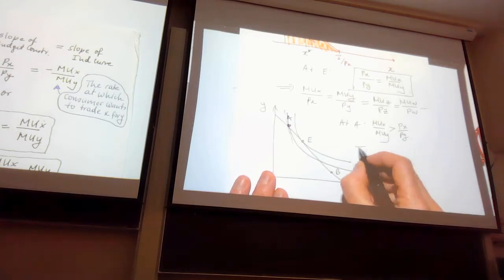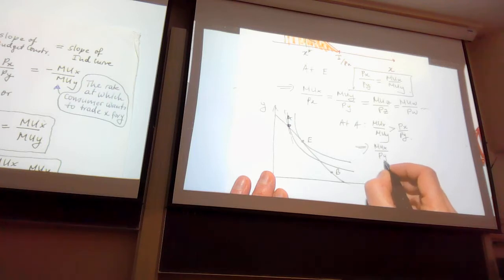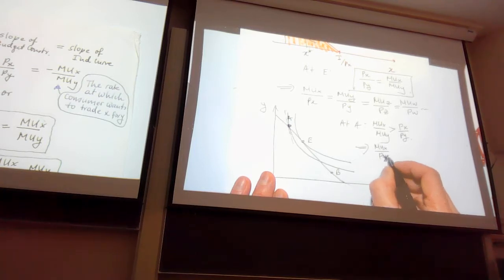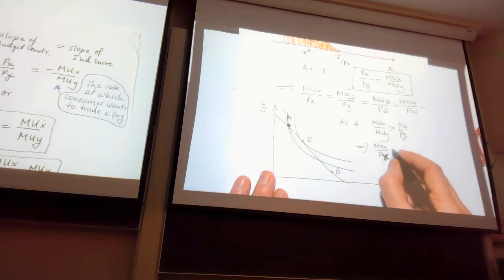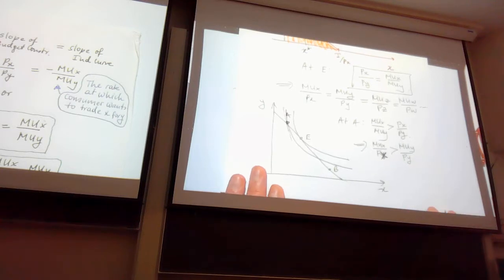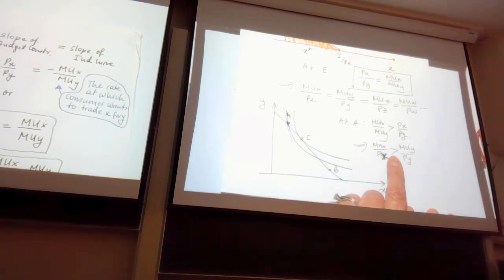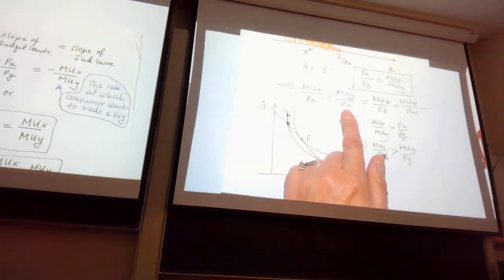Or you can rewrite this and say marginal utility of good X over price of good X at point A is actually higher than marginal utility of good Y over price of good Y. So are you buying the correct amounts of X and Y? Are you spreading your income across all goods so that marginal utility per dollar spent is equal? No.